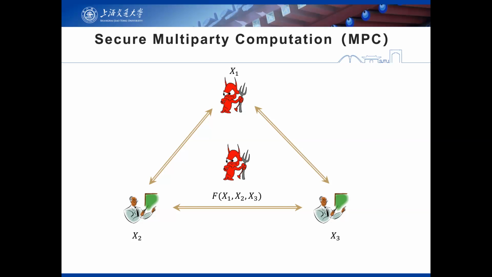That's why we need secure multi-party computation: in the presence of some corrupted parties, the computation itself is still secure, so your private input will not be known by the adversary. This is the idea of secure multi-party computation.